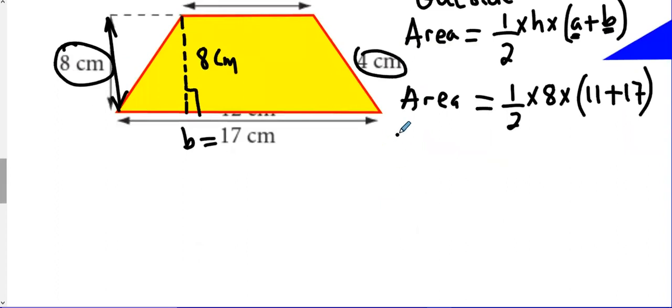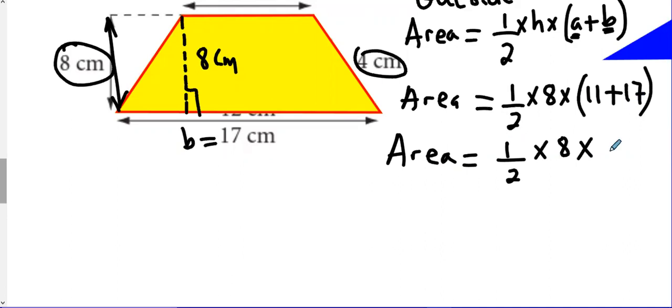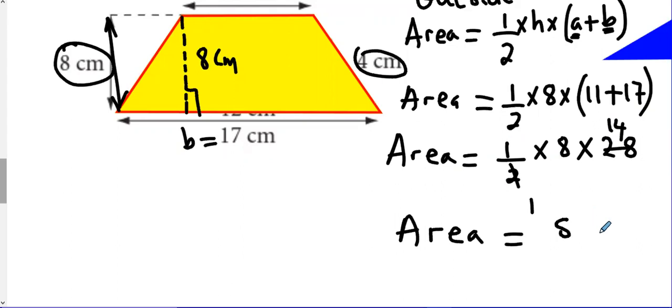So the area of the outside, which is the trapezium, will be 1/2 times 8 times 11 plus 17, go ahead writing 28. Now, how do we get the answer? Simplify by 2, 1 by 2. This is 14. So area of the outside will be equal to 8 times 14. Now, what is 8 times 14?